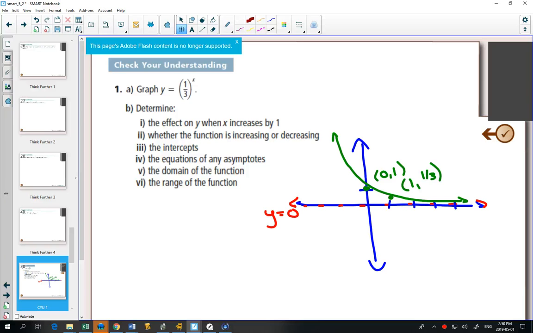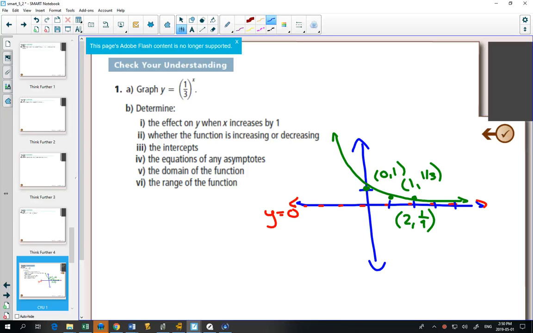So now we can do a little bit of an analysis of the properties, that's what they're asking for in part B. What happens to the y values each time your x values increase by 1? So we go from 0 to 1, we went from 1 to 1/3. From 1 to 2, we would go from 1/3 to 1/9.